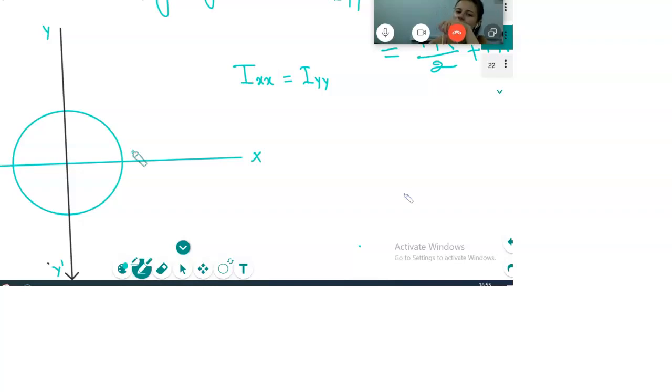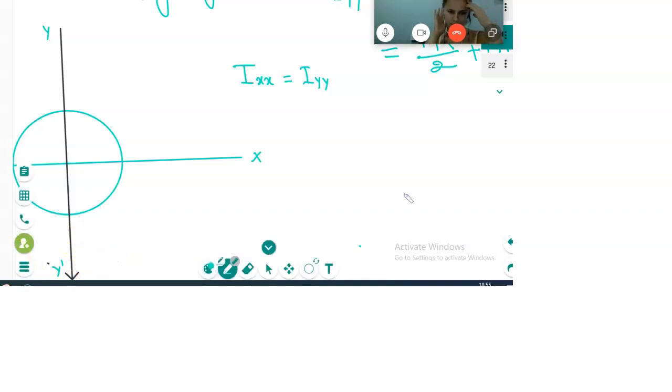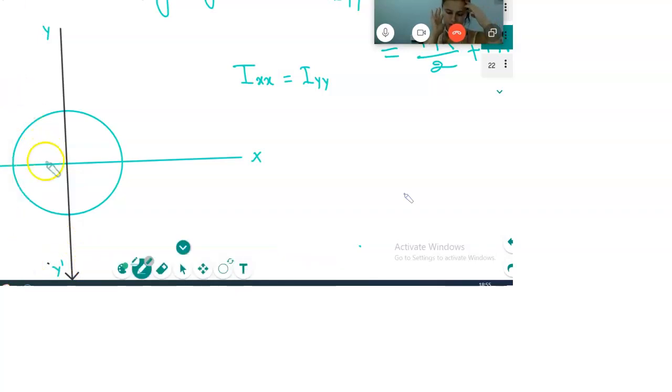Sorry, I don't have one more stick, otherwise you would understand like this. So I am drawing the third axis, which is perpendicular to this way. Is it clear? This is called ZZ.